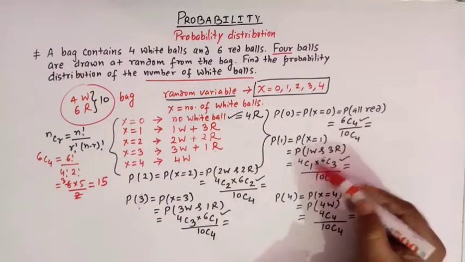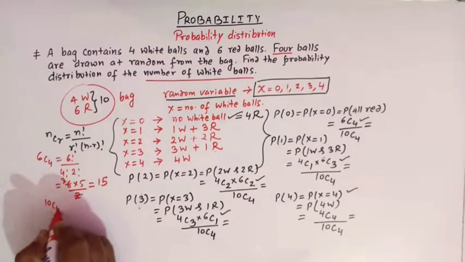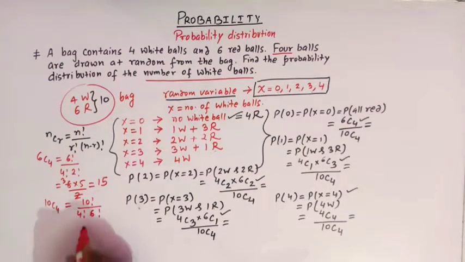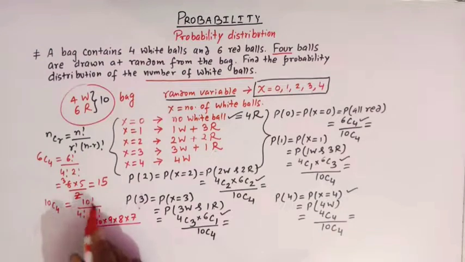We have 2, and 2 3s are 6, and this is 15, right? And then 10C4 is 10 factorial divided by 4 factorial times 10 minus 4, which is 6 factorial, right? And 10 factorial can be written as 10 times 9 times 8 times 7 over 6 factorial, which gets cancelled, and 4 factorial is 4 times 3 times 2 times 1, right?